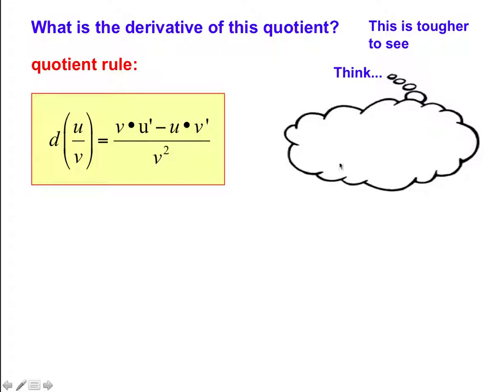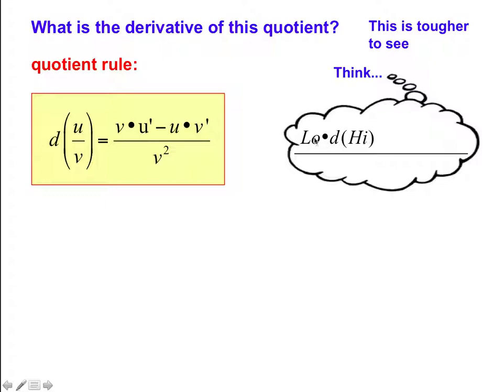So this is what I think when I write this. I get my fraction bar out, and I think low, that's the v, it's in the low position, low times d high. D high means derivative of the numerator. Okay, so the d stands for derivative.